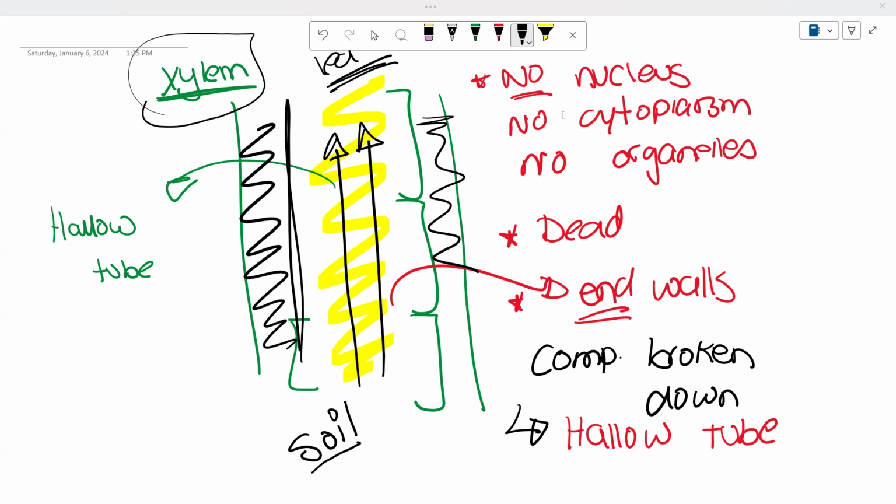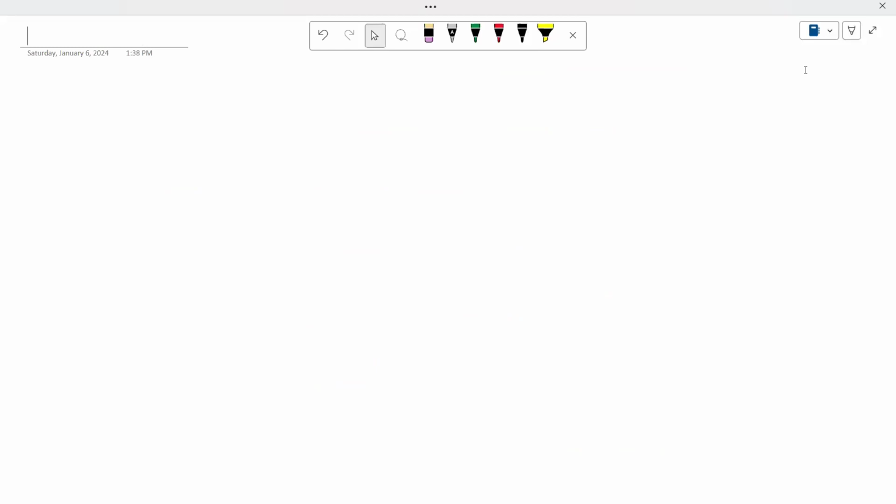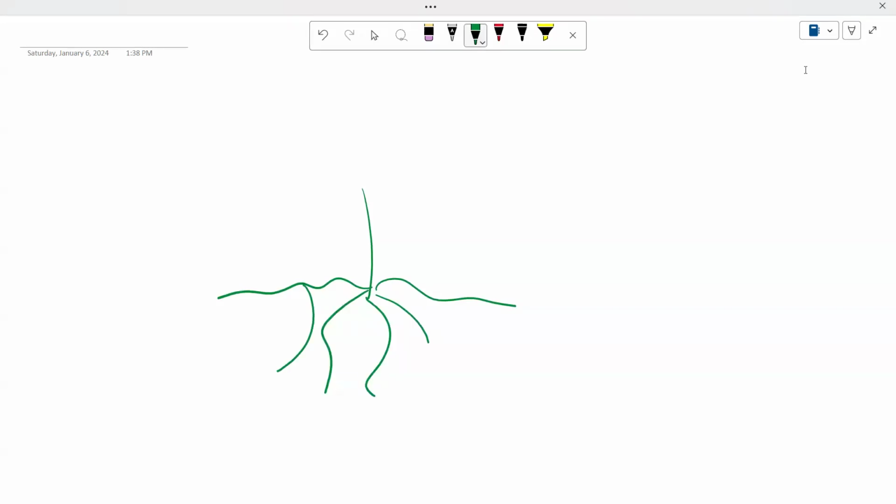Something else. The water comes from where? The water comes from the soil or from the leaves? When you come to give the plant water, where do you add this water? By the roots. Yes, from the soil, from the roots. So where is the concentration of water higher?